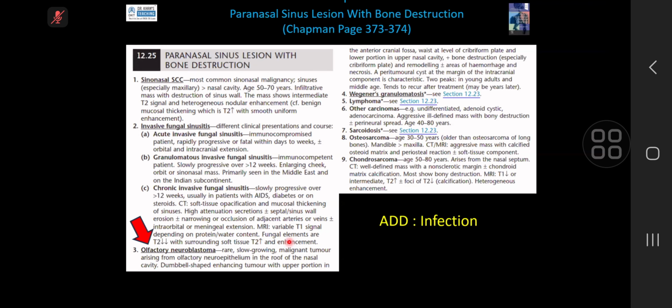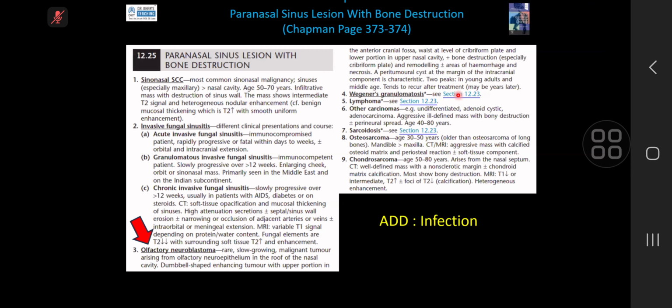Usually it will be dumbbell shaped, meaning there will be a constriction, a portion which goes into the intracranial cavity, and a portion which sits in the nasal cavity. The intracranial portion can enhance like anything. A peritumoral cyst at the margins of the intracranial component is characteristic. There are two peaks: young adults and middle age, and it tends to occur after treatment.